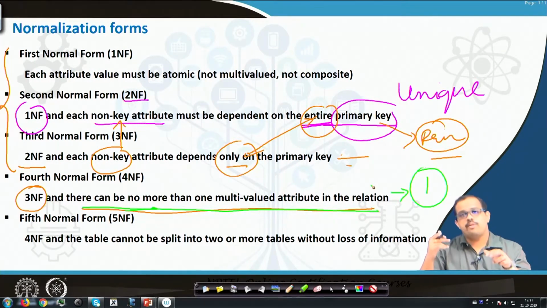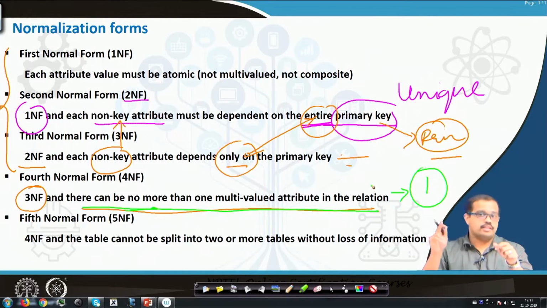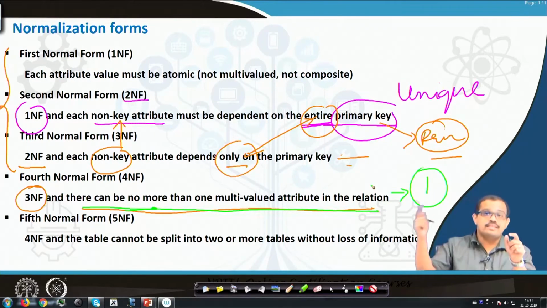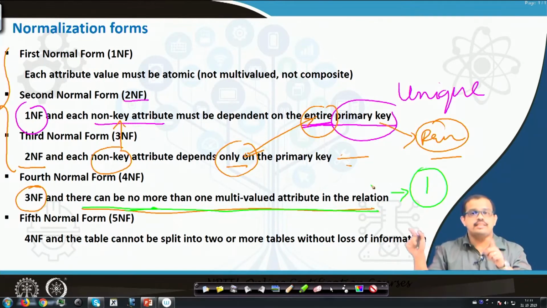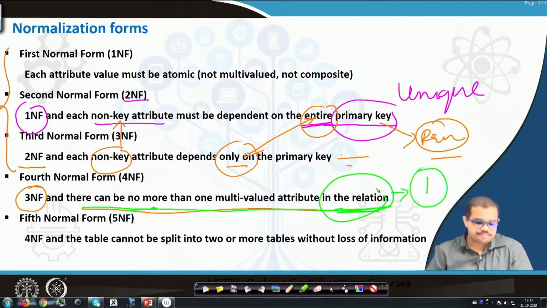In the third normal form, we use second normal form and a non-key attribute dependent only on the primary key. But when it is the fourth normal form, we have third normal form, and there can be certain attribute values which are multi-valued in terms of their relation. So, it is only in terms of its relation. Please understand this point: multi-valued in terms of its relation.